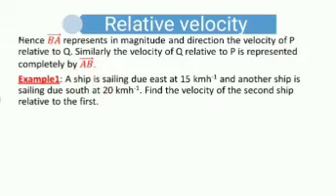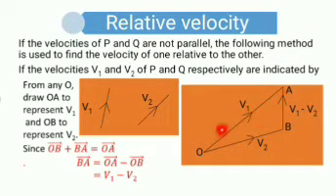So what we have achieved here is that the relative velocity of any two particles moving with given velocities can therefore be found by drawing a simple vector triangle such as this triangle OAB.